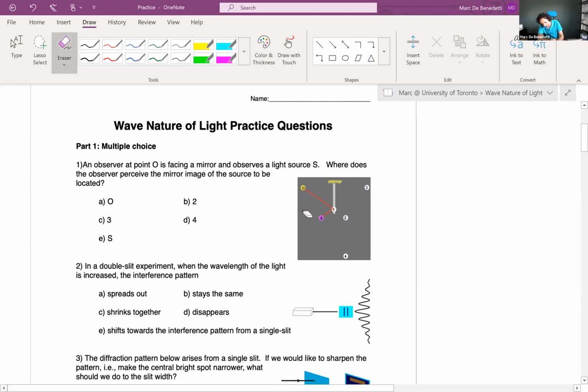So if you see a candle here, when you're standing here, where are you going to see the candle?